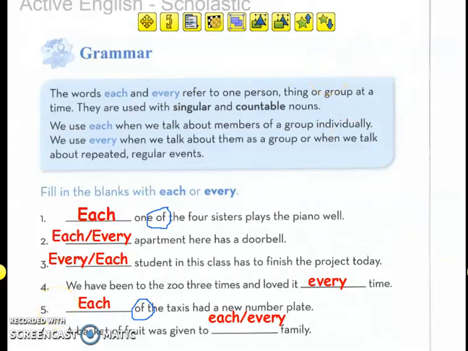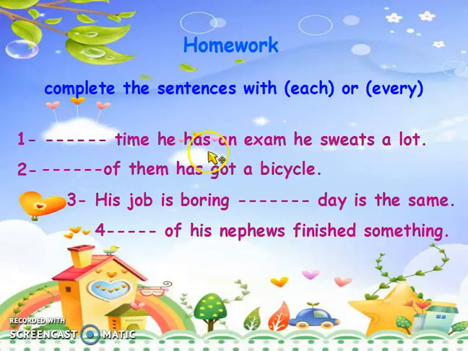At the end, my students, you have homework. Complete the sentences with each or every. Number 1. Time he has an exam, he sweats a lot. Number 2. Of them has got a bicycle.